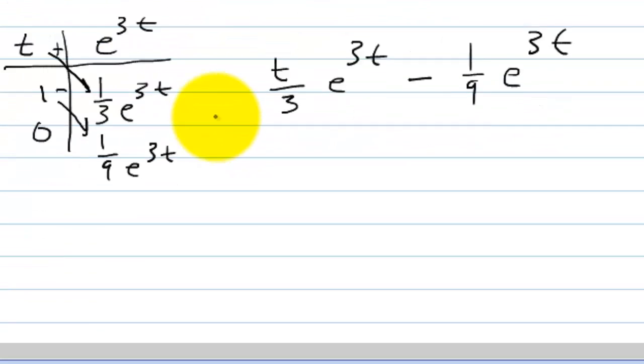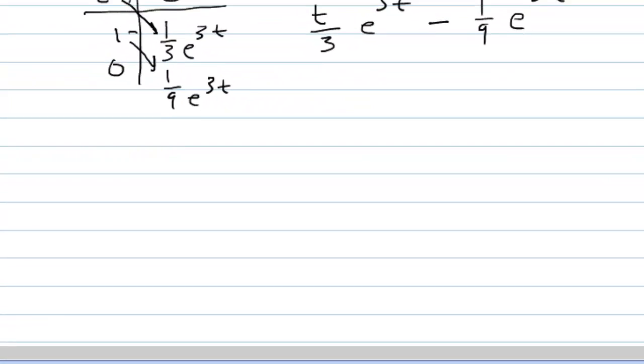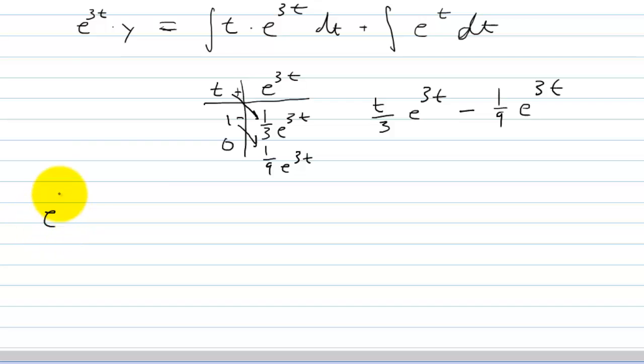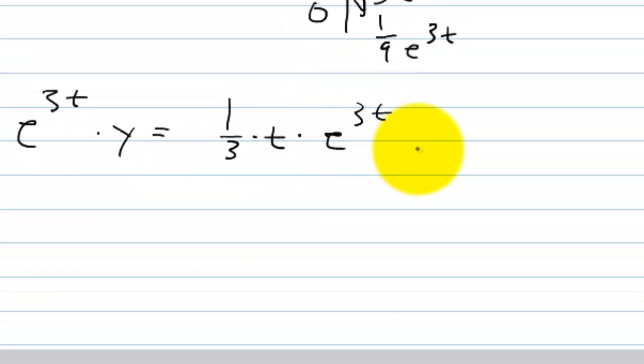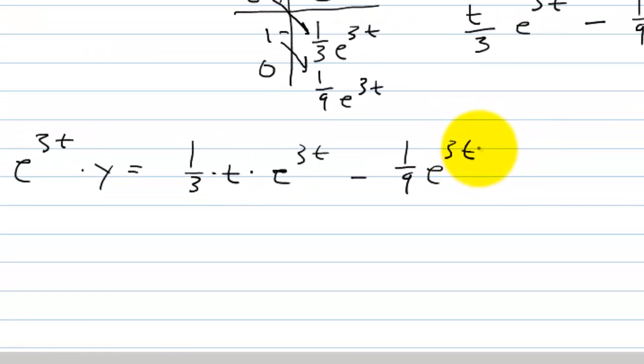So now we're going to get e to the 3t times y is equal to, now we're going to write down all of this. So we're going to get 1/3 times t e to the 3t minus 1/9 e to the 3t.